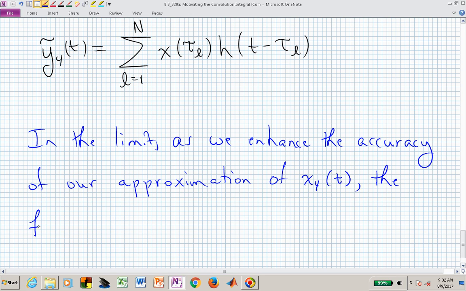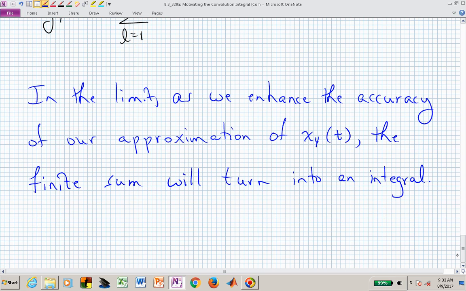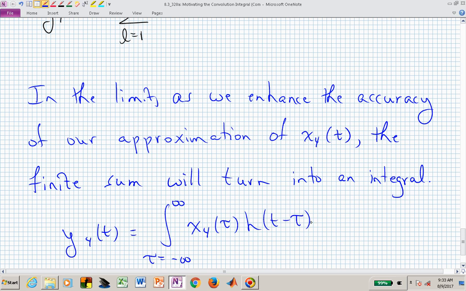Then the finite sum that I have here of capital N terms will turn into an integral. And now y sub 4 of t is going to be this integral from minus infinity to infinity of x sub 4 of tau, h of t minus tau, d tau.